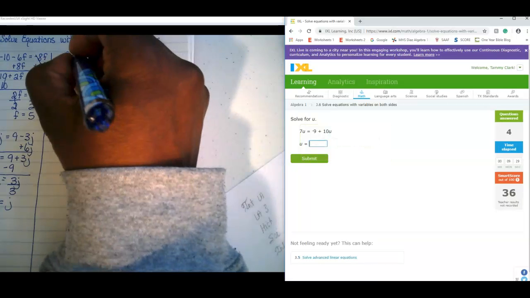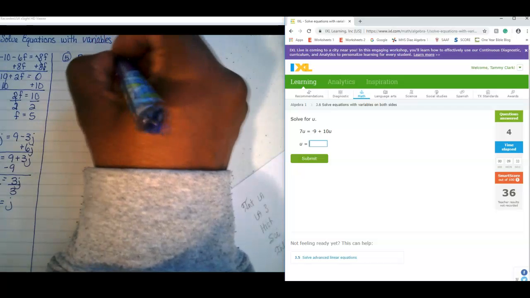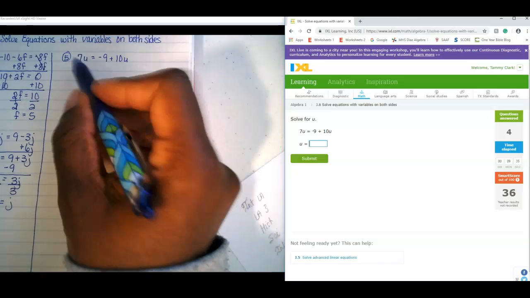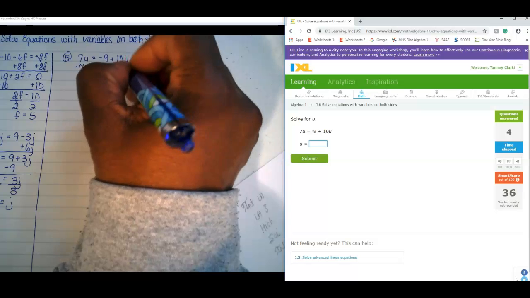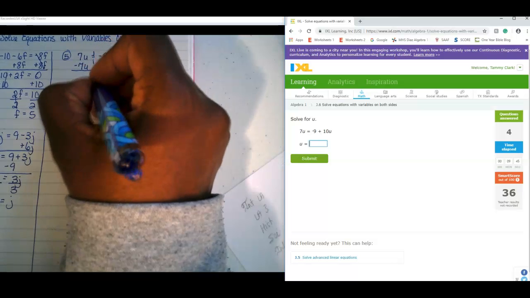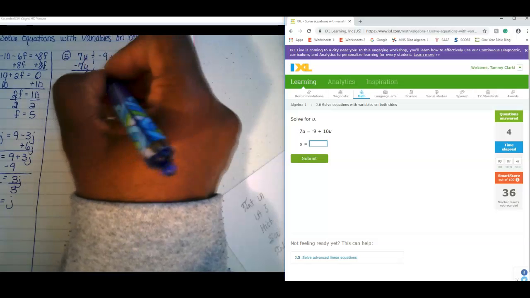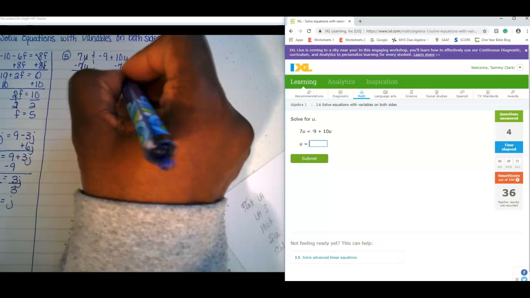So here we have number 5, which is 7u is equal to negative 9 plus 10u. 7 is smaller than 10, so I'm going to move the 7 by subtracting 7u from both sides of the equation. That leaves me with 0 equals negative 9 plus 3u.